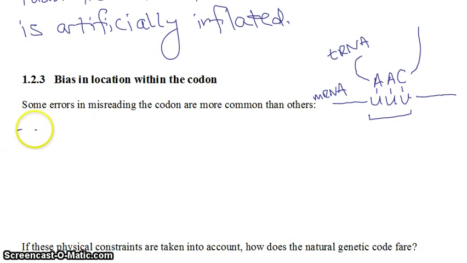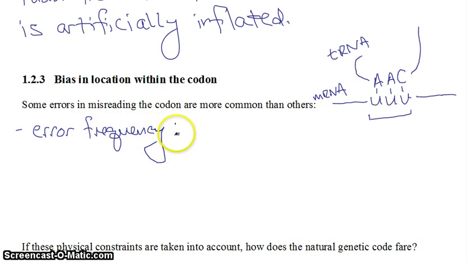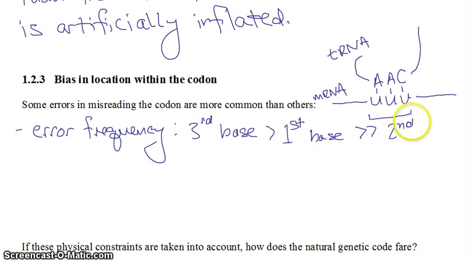In other words, regarding the error frequency of the three different positions within the codon, your third base is more likely to have an error than your first base, and those two are far more likely to have an error than you would in your second base in the codon.